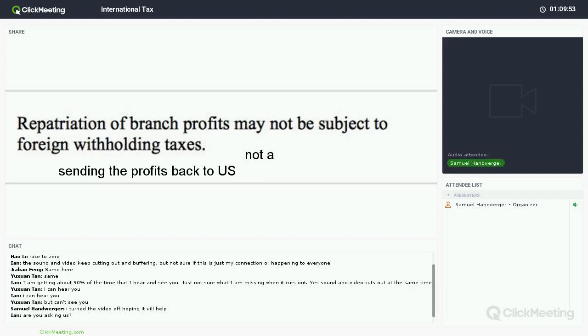Does anybody know what it is not? What's subject to withholding tax here in the United States when a U.S. company pays it to its shareholders? It's not a dividend.